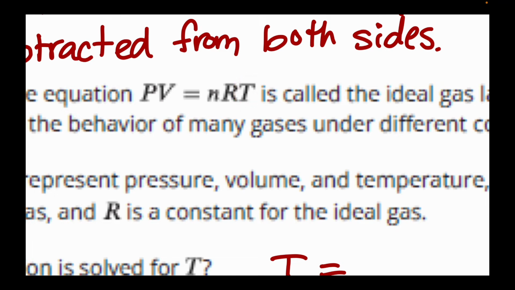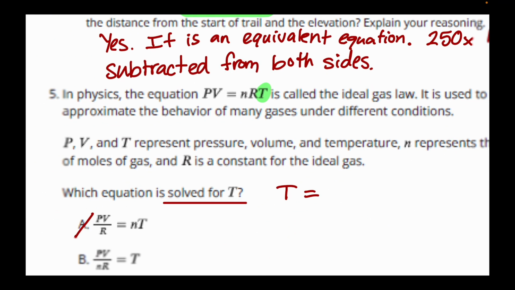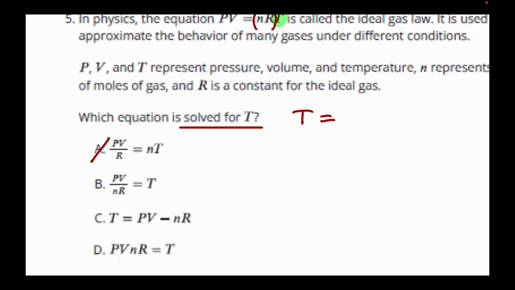One of the first things I normally like to do is identify where the variable I am trying to isolate is, because then I can see what else is surrounding it that I have to deal with. In this case, that's going to be N and R. These two are both being multiplied with T. So to undo that, we should divide both sides by N and R.